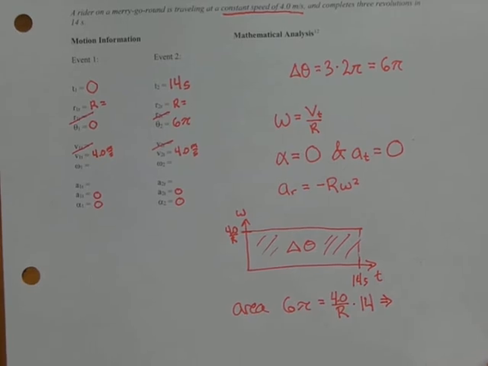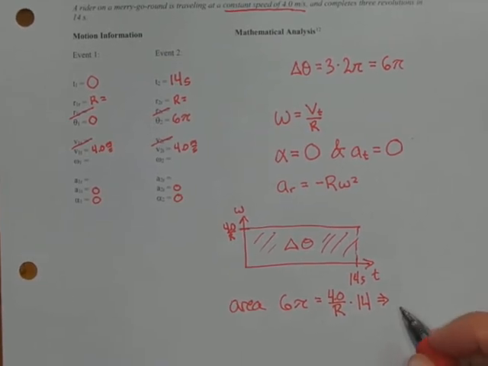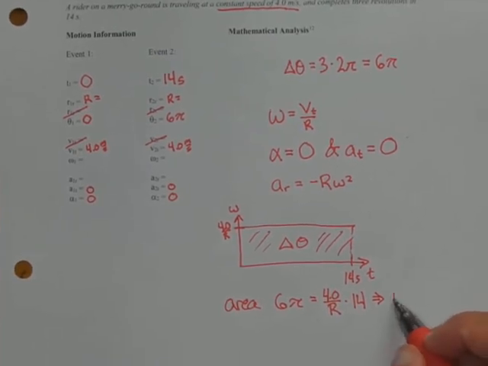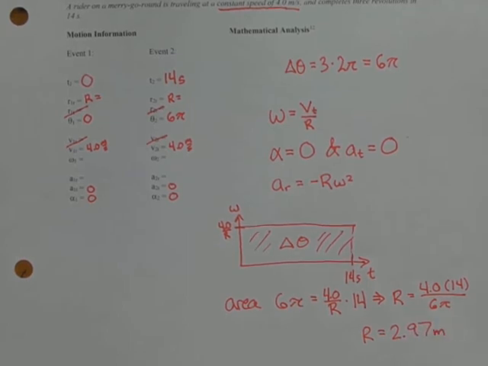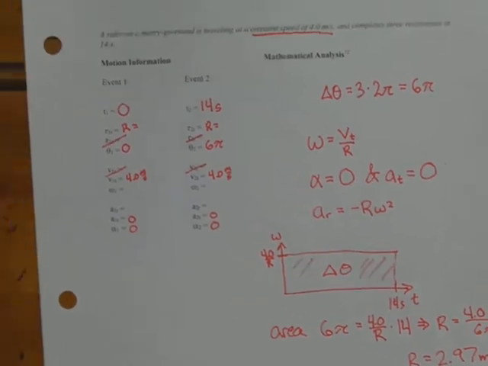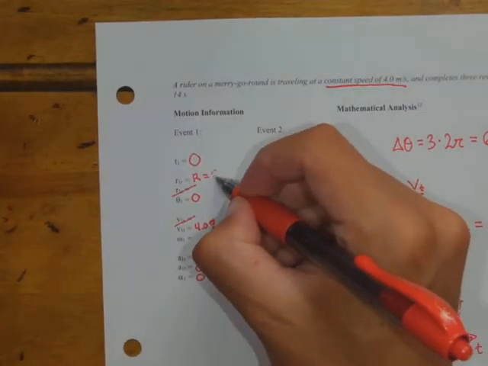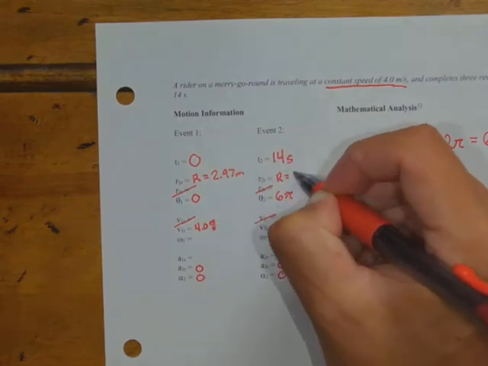I can use this to solve for the radius, and I have the radius is equal to 4 times 14 divided by 6 pi, and that gives me a radius of 2.97, and that should be in meters. So I can take that and put it in my table. That is 2.97 meters.